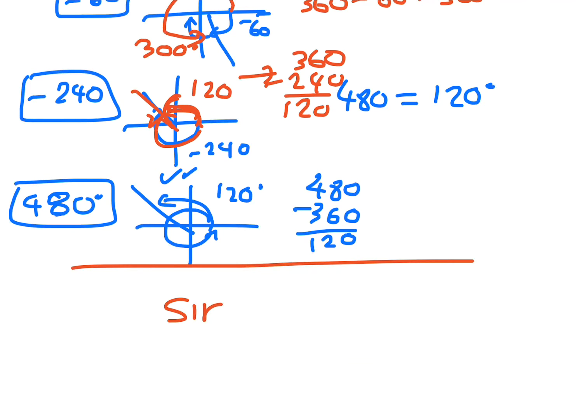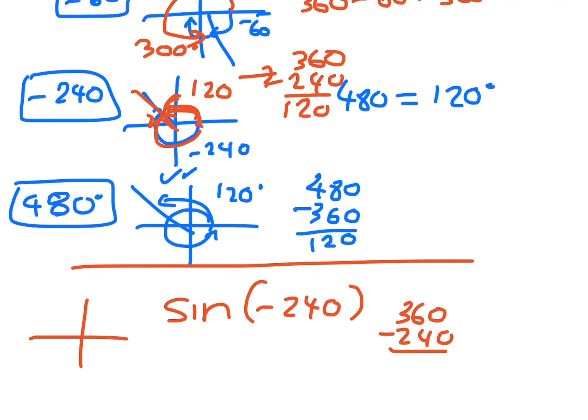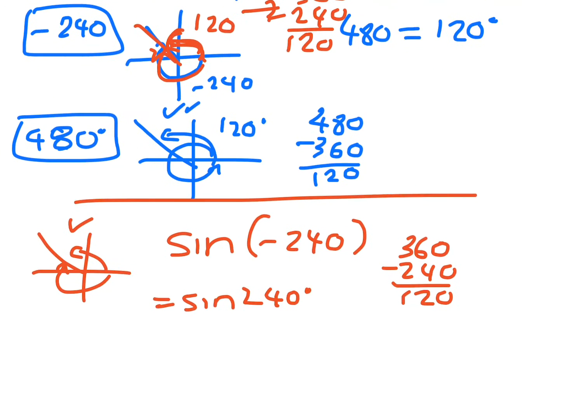So if you wanted sine of, say, minus 240, you do 360 minus 240 and end up with 120. So sine of minus 240 is equal to sine 120. That places it in the second quadrant, and sine is positive. It is 180 minus what gives you 120, to give you the equivalent acute angle.